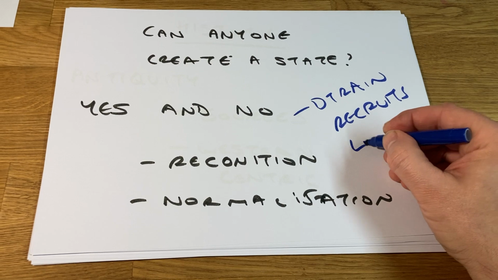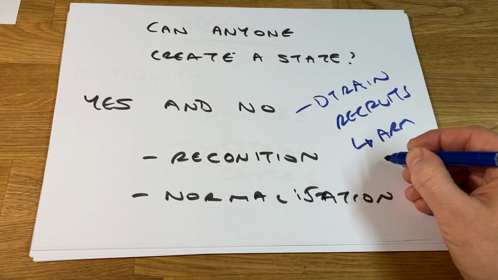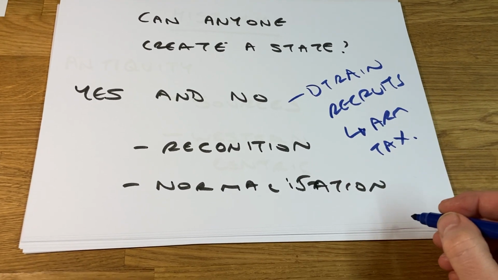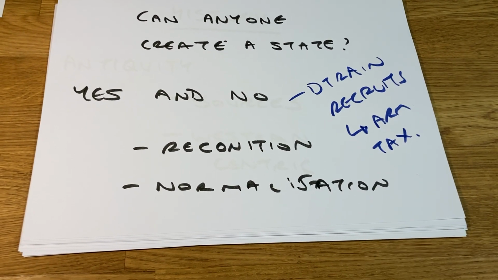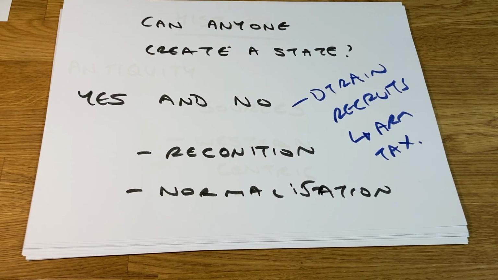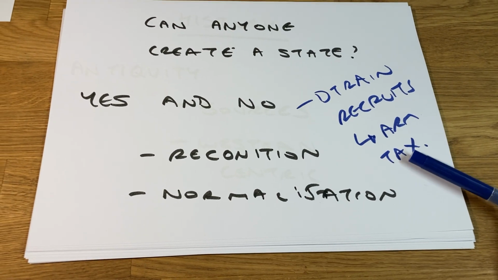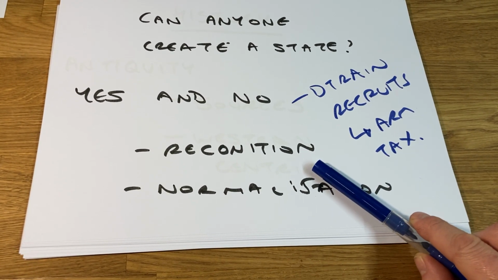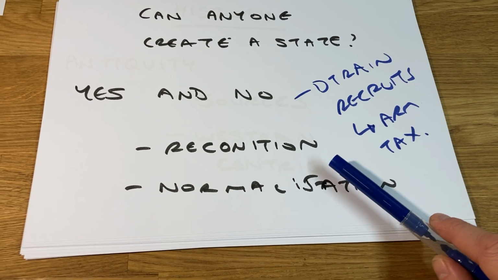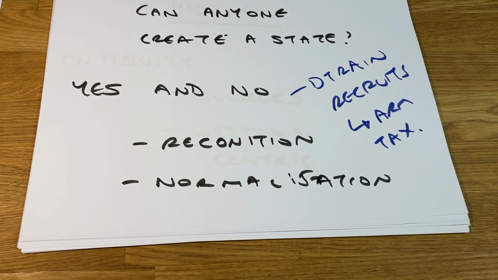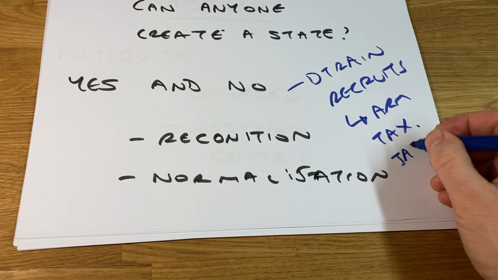Unfortunately, when I took up arms and then I decided to collect tax, I would be breaking the UK laws. The UK government would very quickly clamp down on me. My state would not be internationally recognised. It wouldn't even be recognised in the United Kingdom. What would happen is I would likely end up in jail.